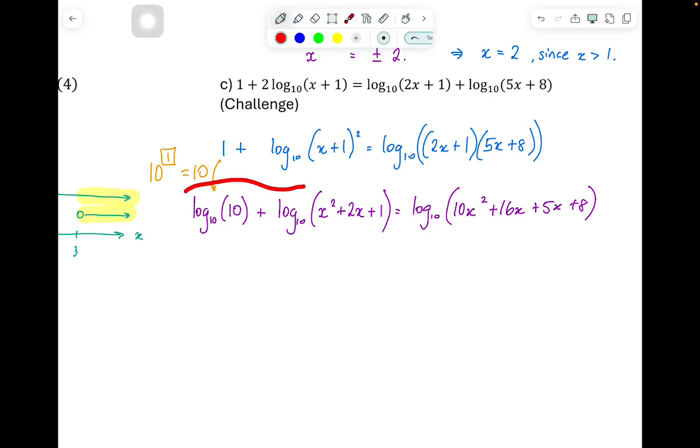And since on the left hand side now we have it as log base 10 for both of them, I'm going to merge the brackets on the inside, and by merging, I'm multiplying. So I've got 10x squared plus 20x plus 10.